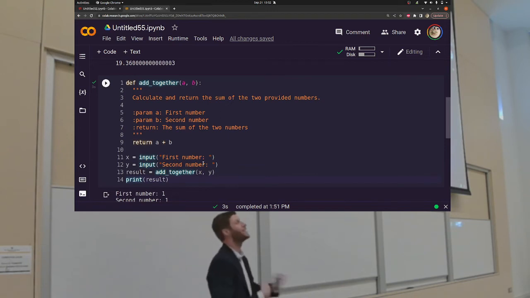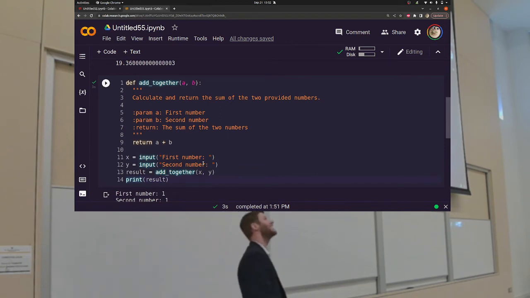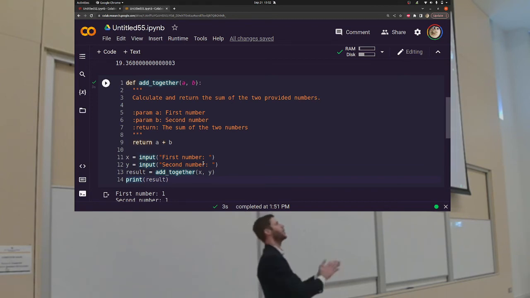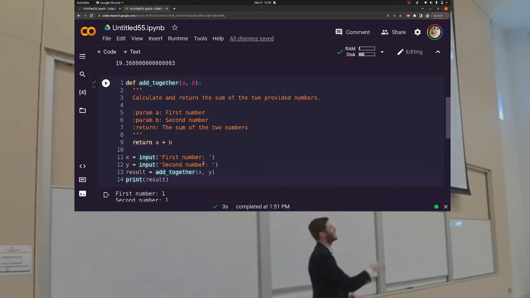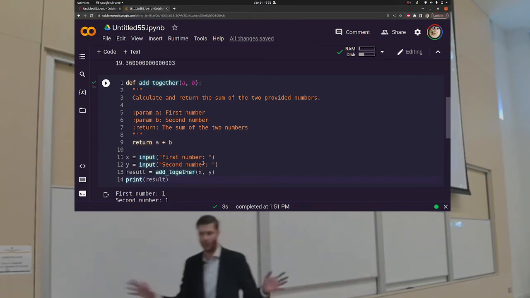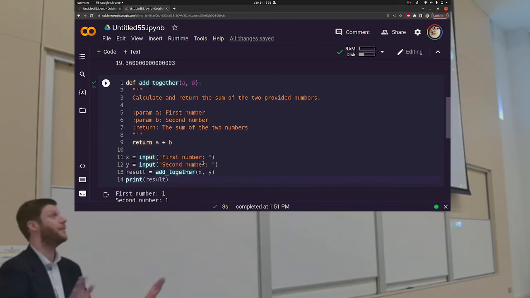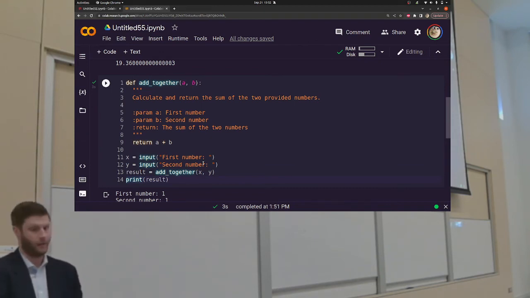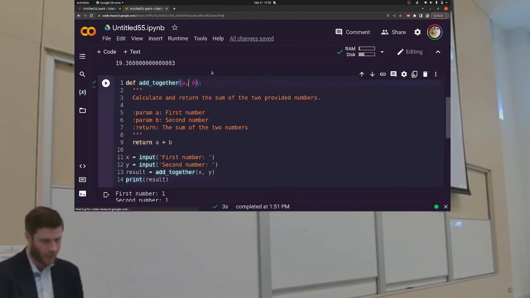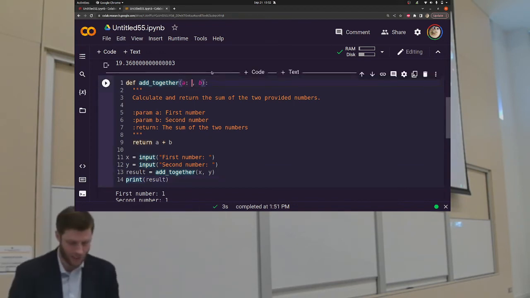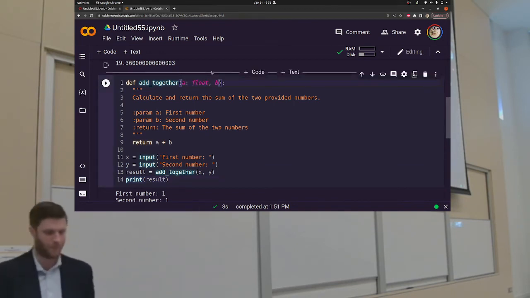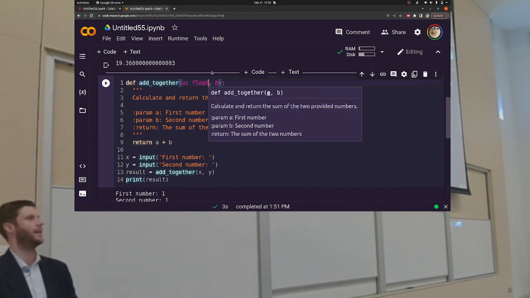So what we do is we add type hints to our functions. We say, you're going to take a parameter, we're going to call it A, it's going to be an integer. It should be an integer. So to do that, this is the syntax. You're not going to remember it from me talking about it right now, that's okay. It's in the course notes. You just go here, you say colon, I'll say float, because float's a little more general than int.